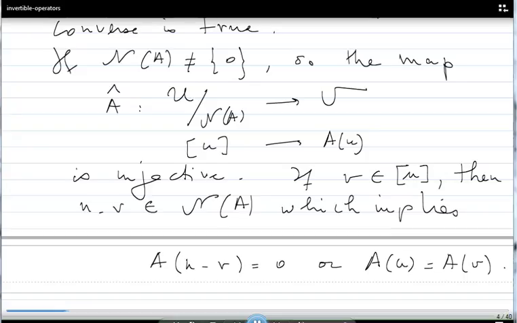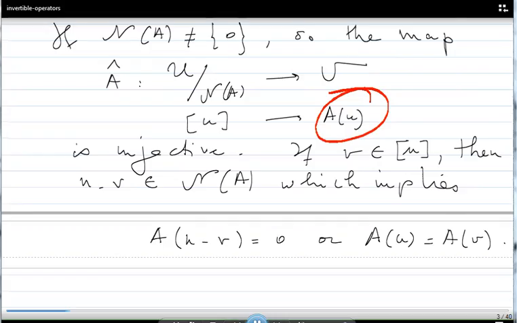So you see, this value is independent of the element we're taking in the class. Okay? And that's why this function A hat is very well defined.